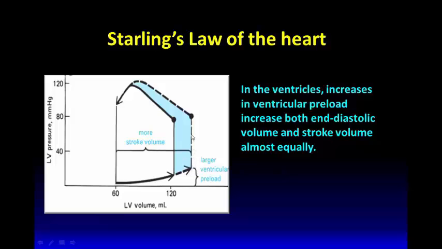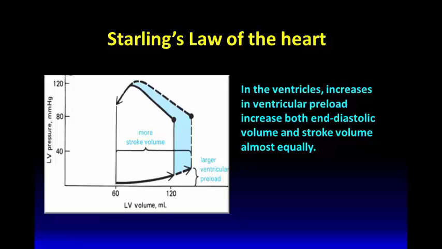So this is the isometric contraction phase. Now at this point, the left ventricle would have generated enough pressure to overcome the aortic pressure and opens the aortic valve, and now ejection begins. So now, can you see the stroke volume which is ejected by the left ventricle has increased because the end systolic volume is the same.